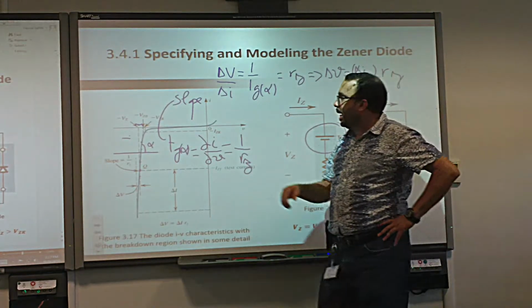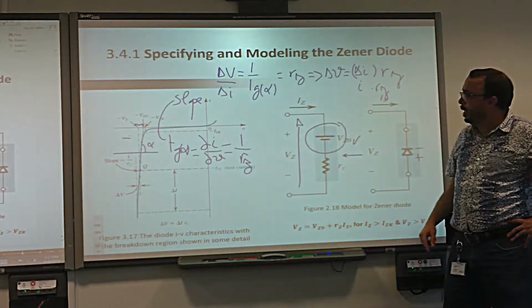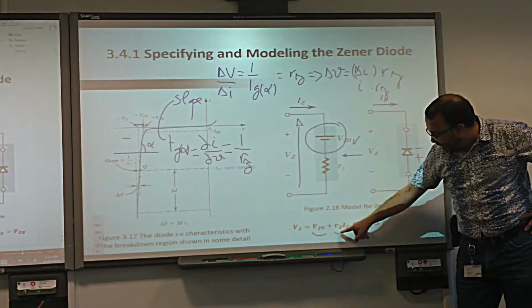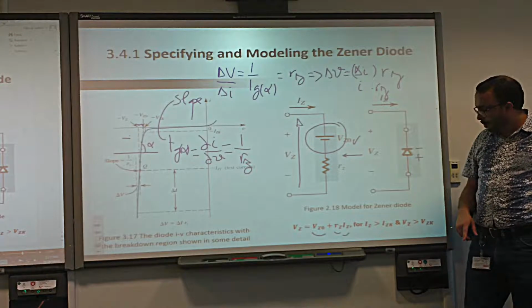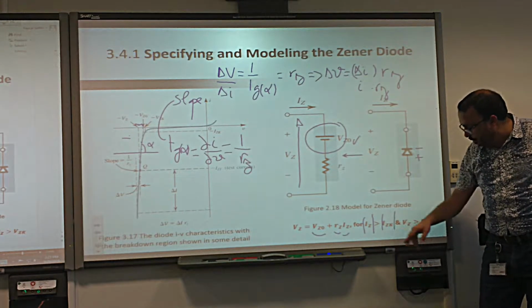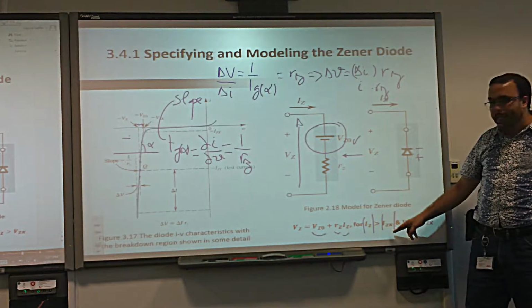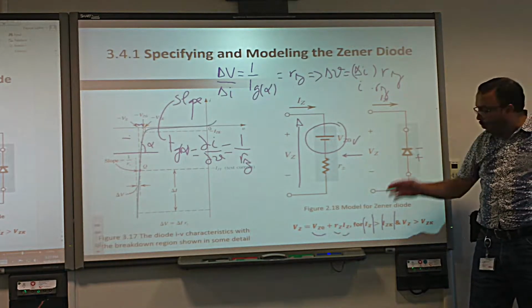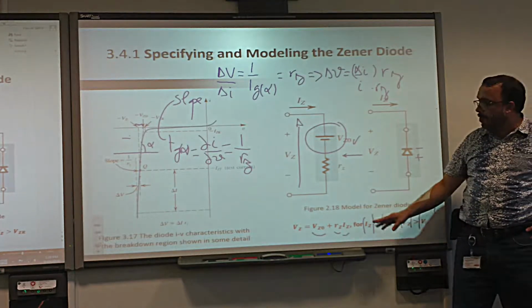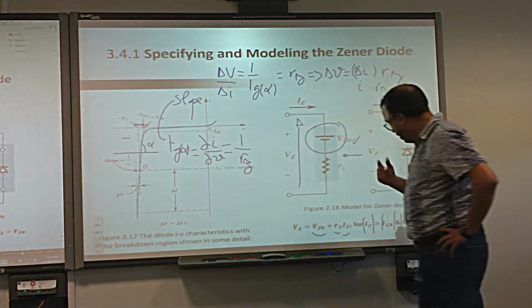So in this case, I can write the voltage across the diode in the breakdown as VZ naught plus RZ IZ, only when we are in the breakdown, and then I have to use the absolute value. It's the absolute value because IZ is negative. Sometimes we say IZ is positive, like in this case, but sometimes we say it's negative.